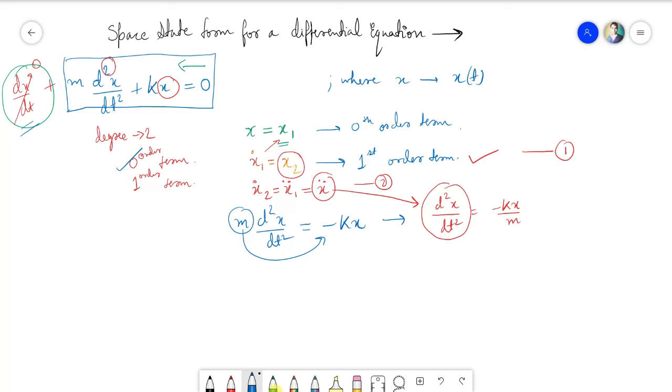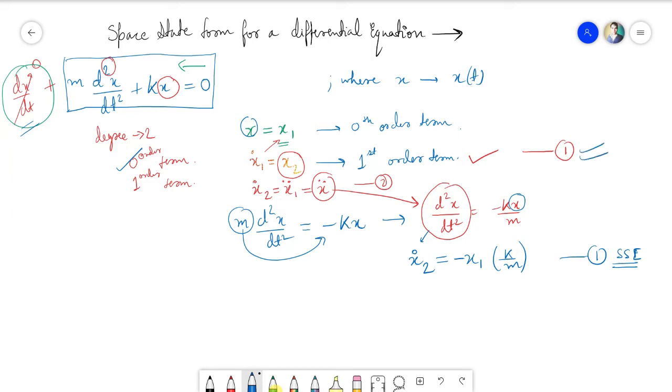From these two equations what we get is x2 dot equals to minus x1 into k by m. So this is the first state space equation.